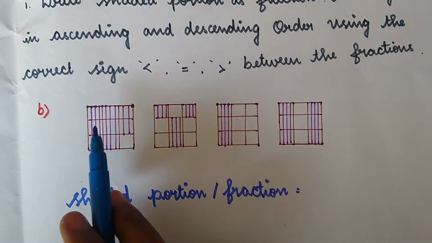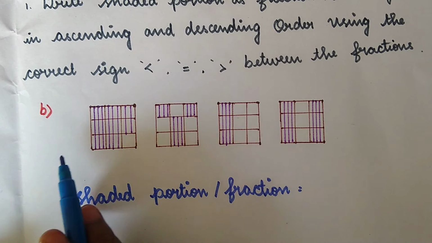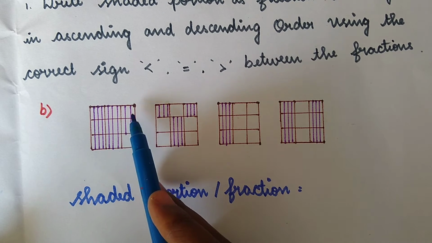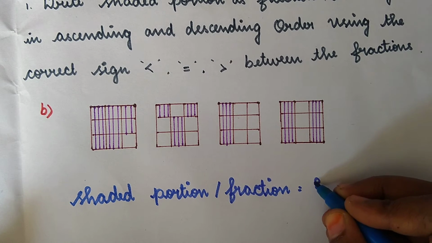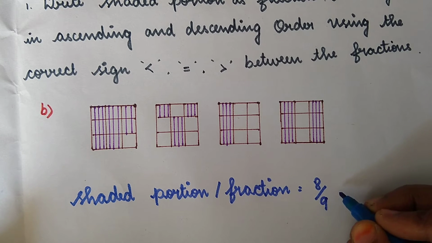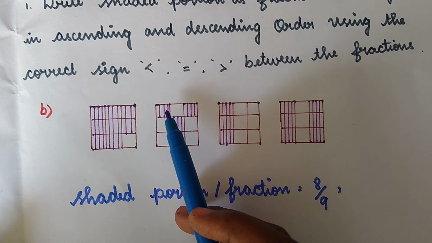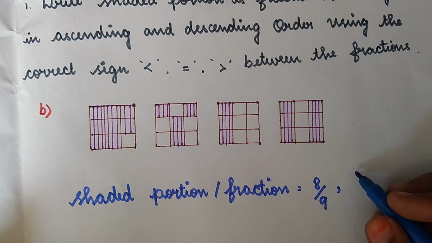Here, first see the first square. How many squares are shaded? 1, 2, 3, 4, 5, 6, 7, 8. 8 out of 9. So we can write 8 over 9. In the second square, it has 1, 2, 3, 4, 4 shaded portions.